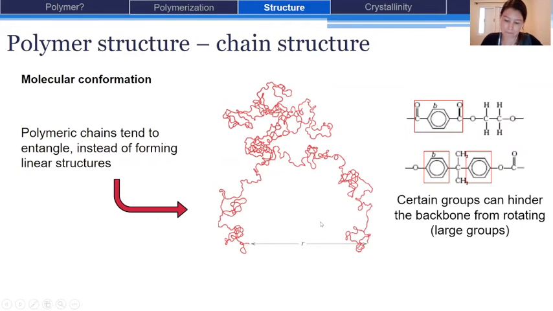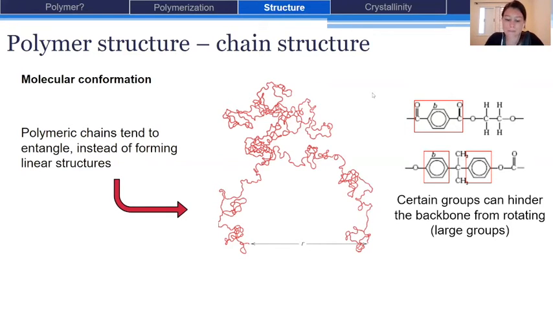And the change of conformation will depend on the chemical groups that are present on the chain. So a large group present on the backbone of the polymeric chain will make it more rigid and make it more difficult for the atoms in the polymeric chain to rotate.